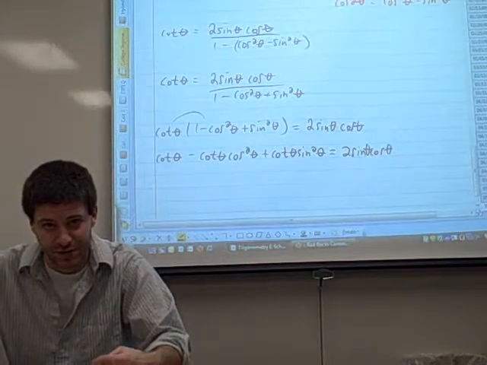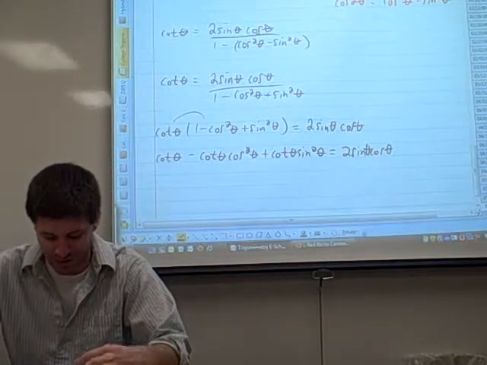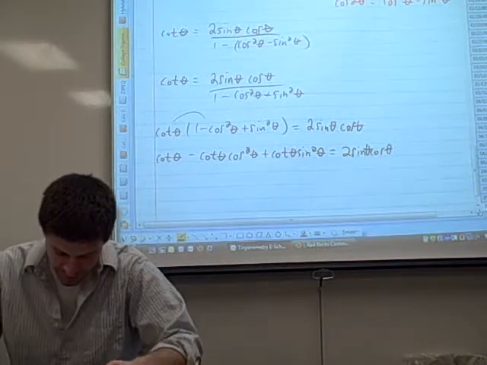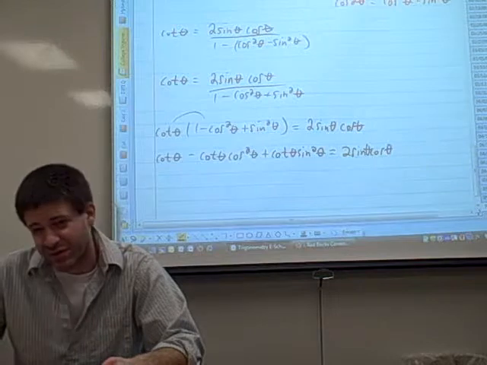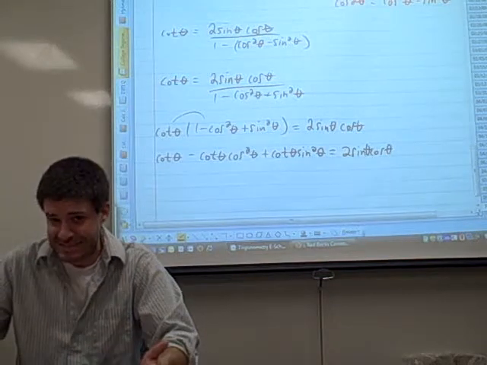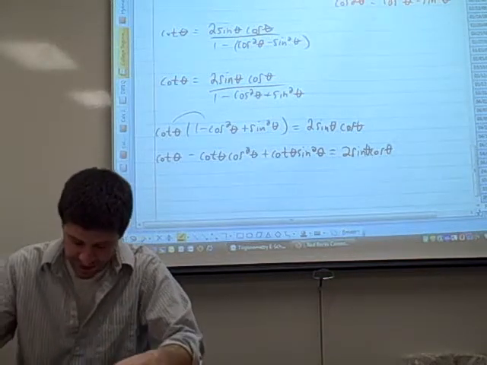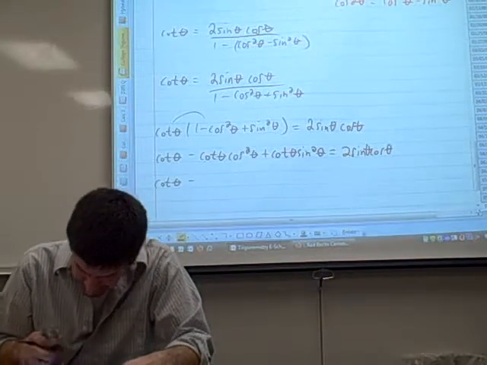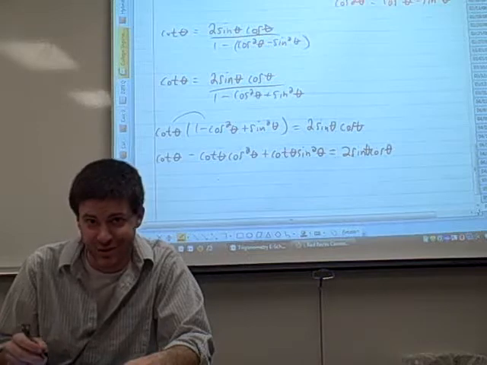Now we have 3 terms on the left-hand side and only 1 term on the right. So I'm going to work with the left-hand side and see if we can reduce the number of terms over there. Maybe this would be a good time to turn everything into sine and cosine. Maybe. Let's take a look. Let's see what happens. Oops. Cotangent is cosine over sine.